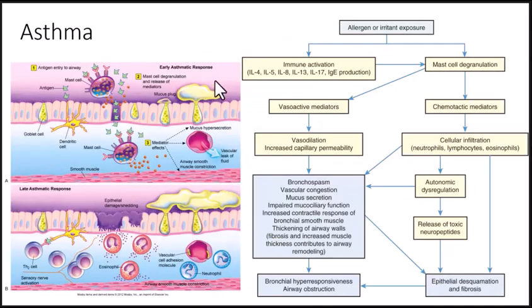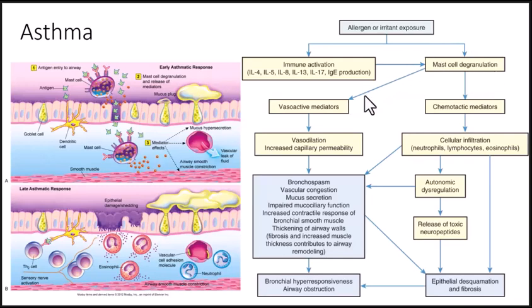Okay, so we looked at this image here, and now we're going to add a little bit more into our discussion on asthma. Let's start from the beginning. Somebody's exposed to what is an allergen to them or an irritant, and they breathe it in. What are we going to see occur? Well, we talked about mast cell degranulation already, and mast cell degranulation will have numerous different effects.